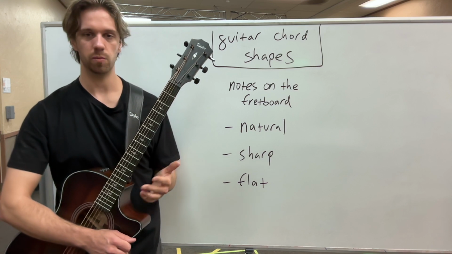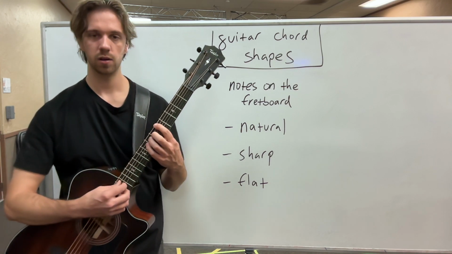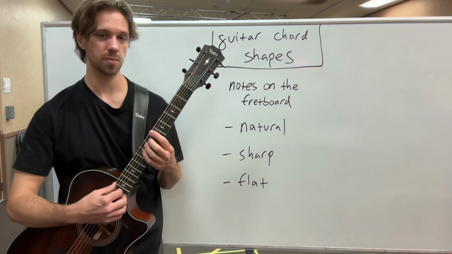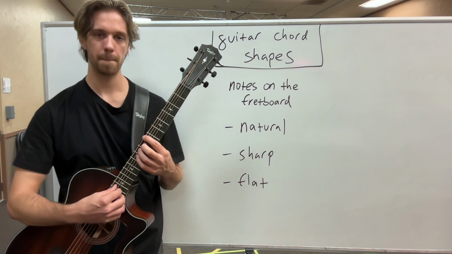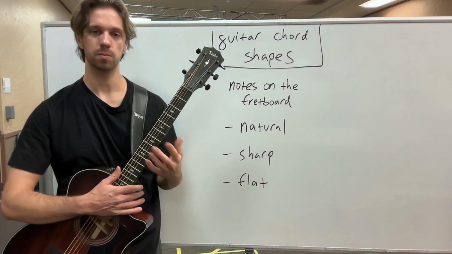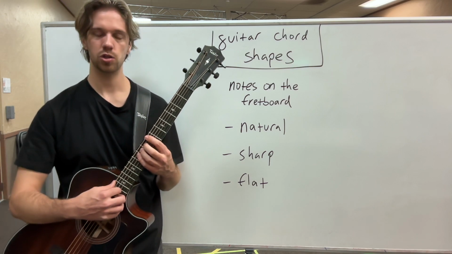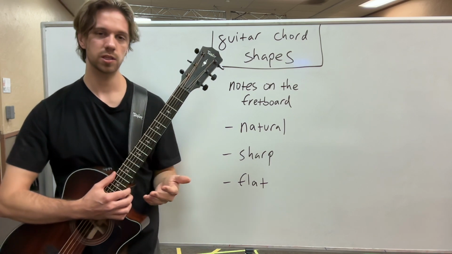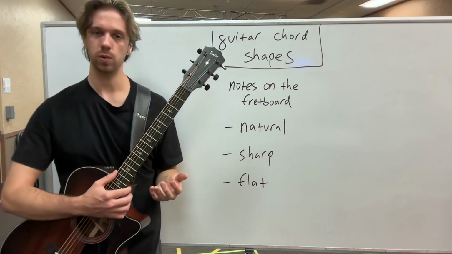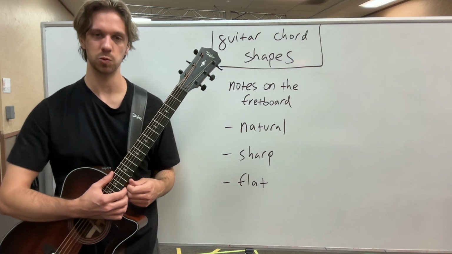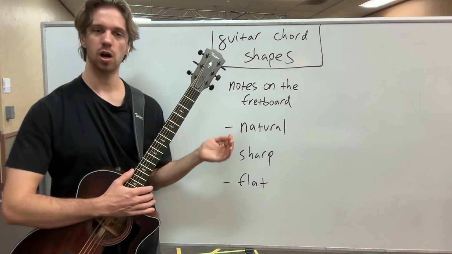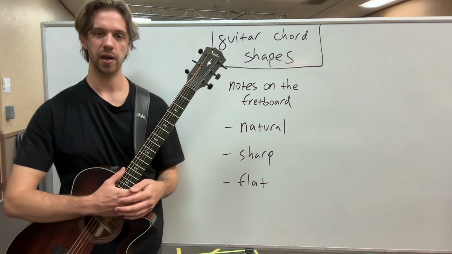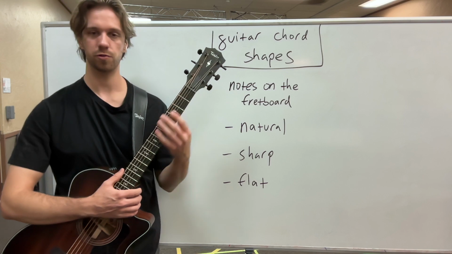And sometimes that will make an A into an A sharp. But if we sharp A sharp, we raise it one fret higher, now we have the note B, and we can keep going. We can sharp the note B, and then we can get the note C, or we can also call that B sharp as well. So sharp simply means to raise the note by one half step or one fret.